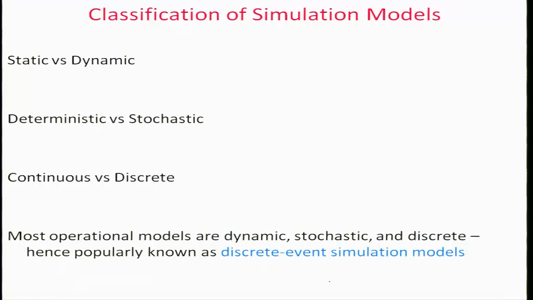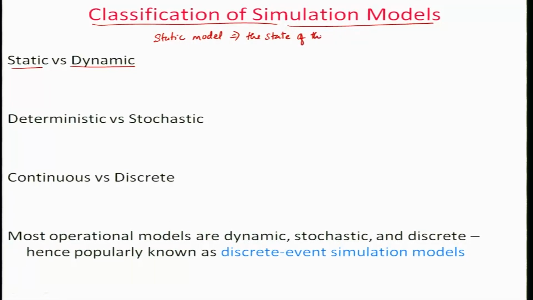Now, from here, let us look into what we call the classifications of the simulation model. Most of the simulation models that are built for studies are classified into multiple options. The first classification is static versus dynamic. A static model implies the state of the system does not change as time progresses.